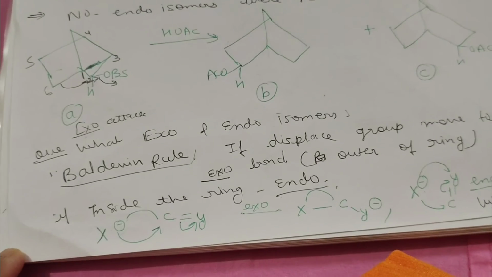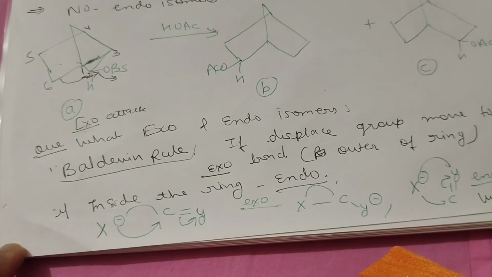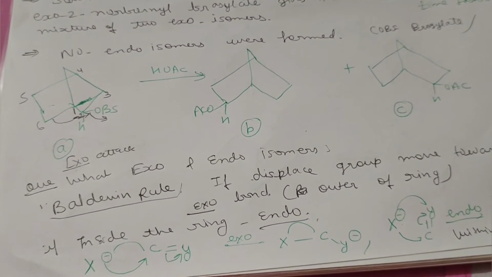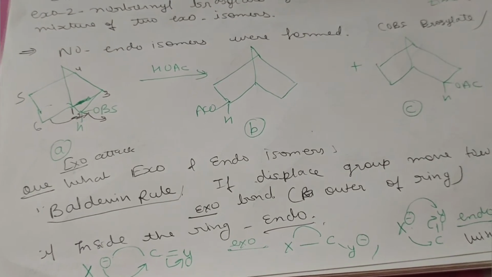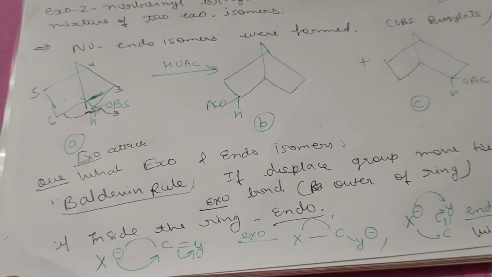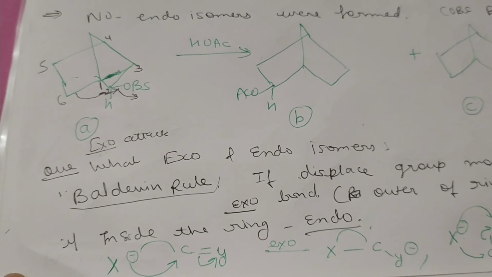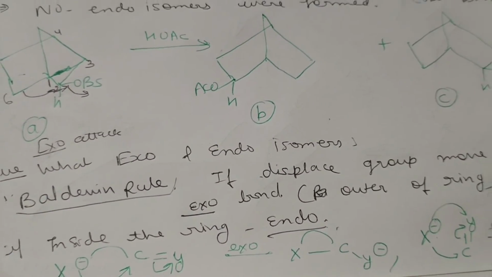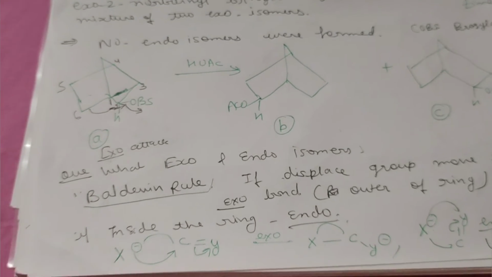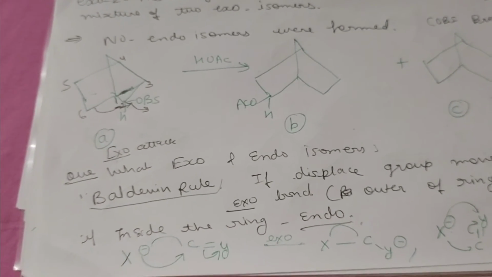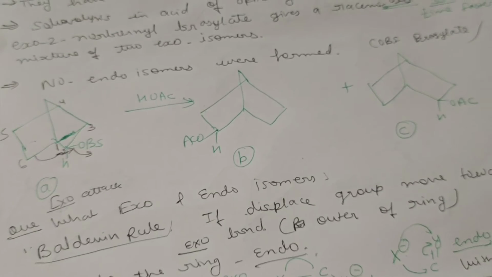Here we are taking one example. Earlier we took tosylate, here we will take a brosylate. So we are taking exo attack. Here you just see the structure. Here is OBs and hydrogen is attached over there. Carbon 1 and 6 will be involved over there.